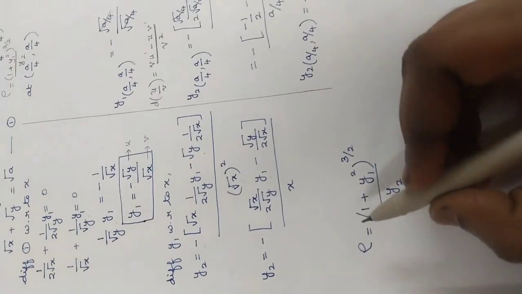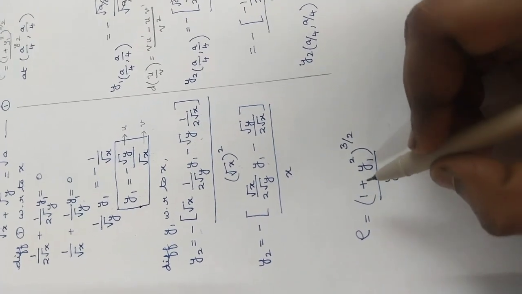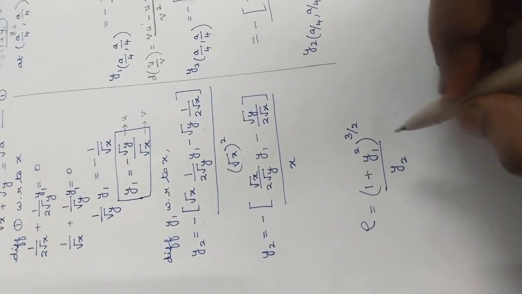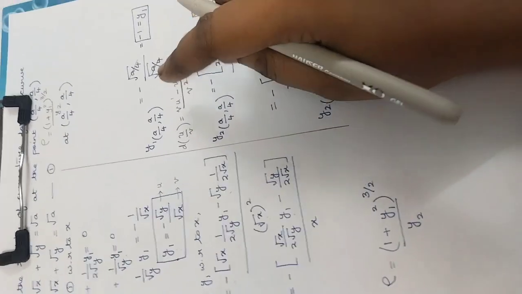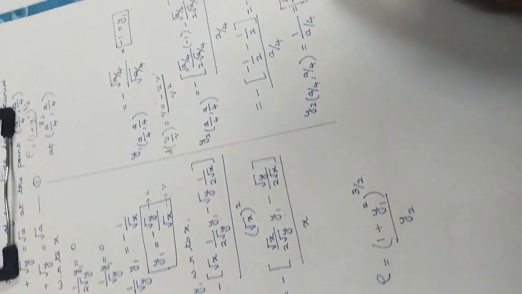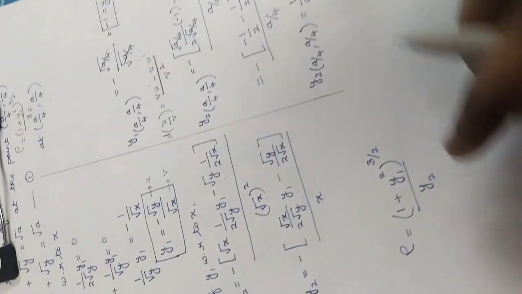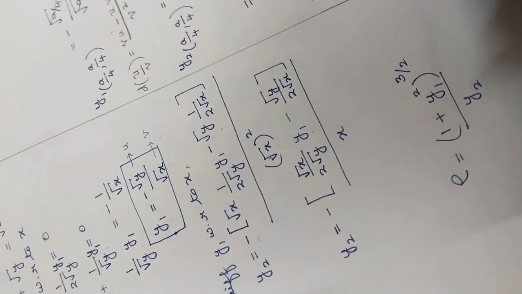The radius of curvature is rho equal to (1 plus y1 square) the whole power 3 by 2 by y2. Now we have found out your y1 to be minus 1 and your y2 to be 4 by a. We will substitute it here.